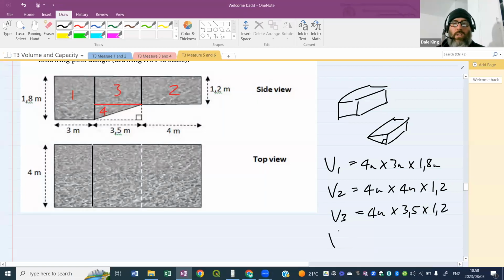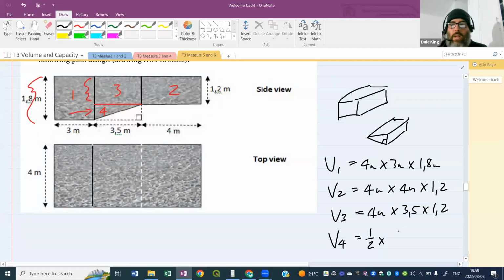The last one is a triangular prism, which means we need half times the base of this triangle. It's this little piece here, which is 1,8 minus 1,2. This top piece here is 1,2, and this big one is 1,8, so it's 1,8 minus 1,2.